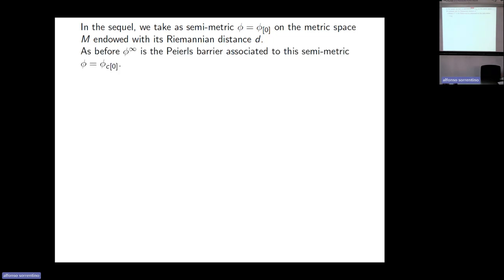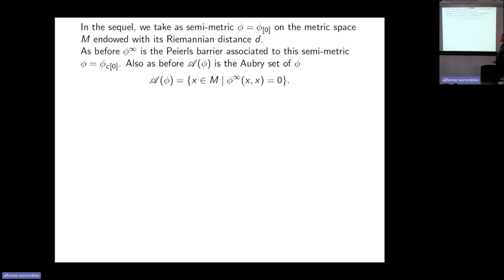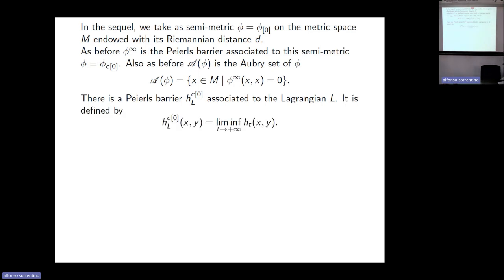Now that we have a semi-metric, we can define its Peierls barrier, phi infinity, and we can define the Aubry set of phi as the set of x in M such that phi infinity of x is 0. There is a Peierls barrier associated to the Lagrangian L. It's obtained by, sorry, here there is a c0 t.